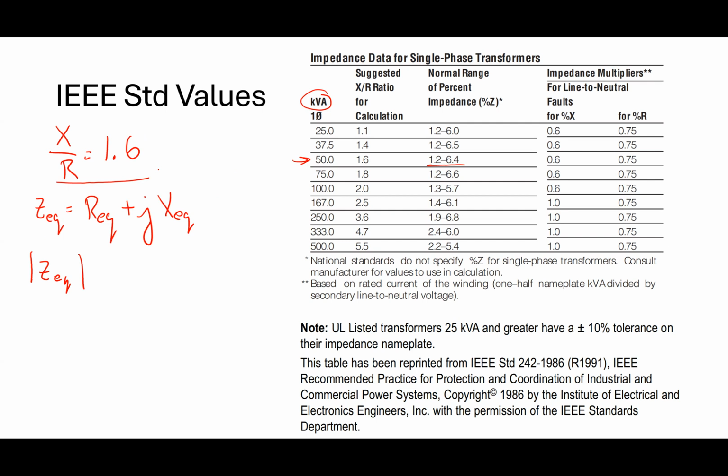So if I know the resistance, I can figure out the reactance, either way. How can I use that ratio to figure out REQ and XEQ?